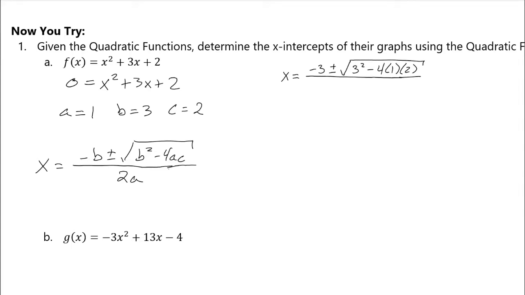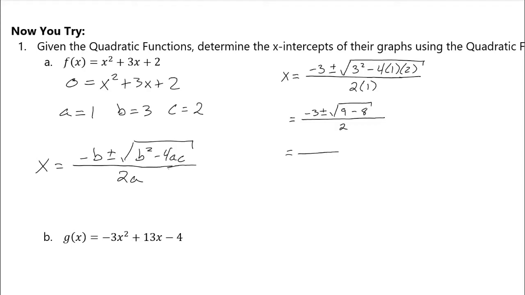Close up that square root, and then in the bottom we'll have 2 times a is 1, so 2 times 1, and we'll begin to simplify this. We'll have negative 3 plus or minus the square root of 3 squared is 9, minus 4 times 1 times 2 is 8, so 9 minus 8 inside the square root, and then on the bottom of the fraction we'll just have a 2.